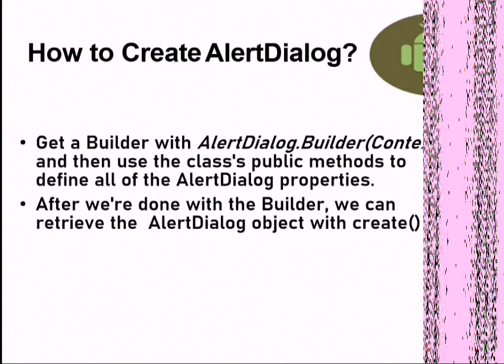So we saw the properties of alert dialogue. Let's see how it will be created. Alert dialogue is created with the help of the builder class of alert dialogue. With that being called, we introduce all the necessary alert dialogue properties we need, then we build it and show that alert prompt.